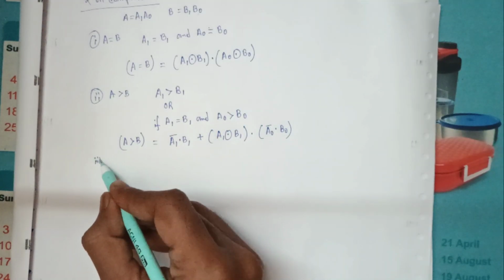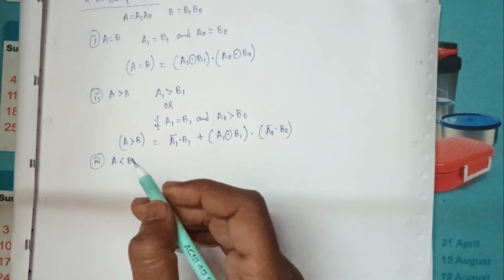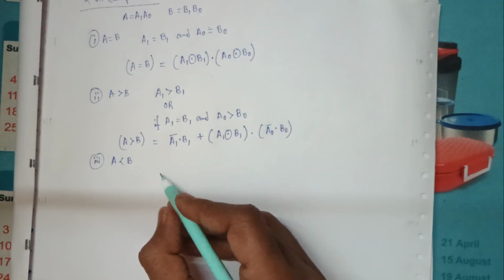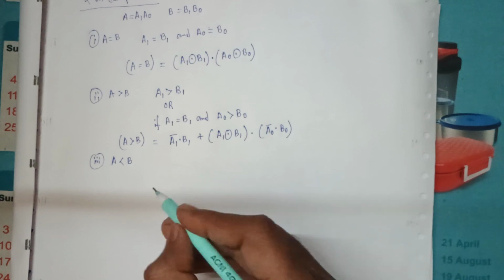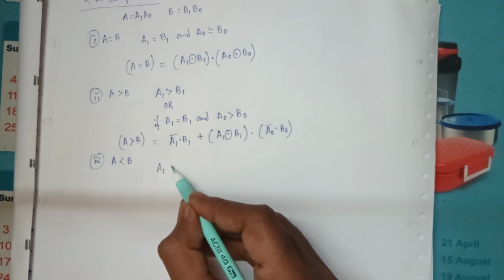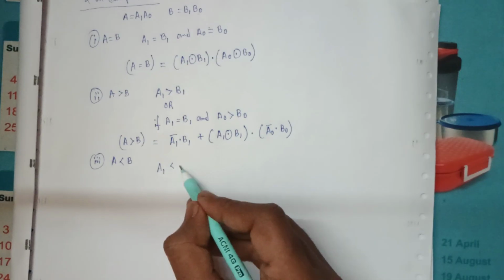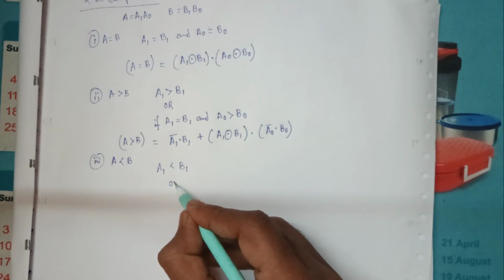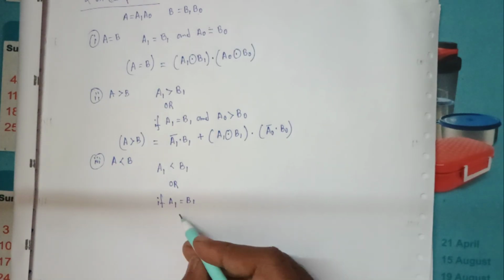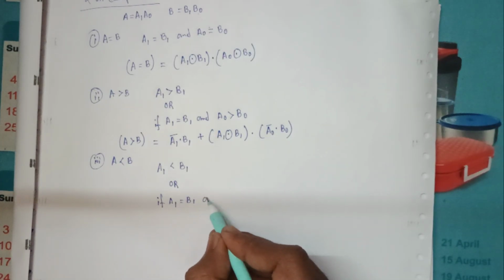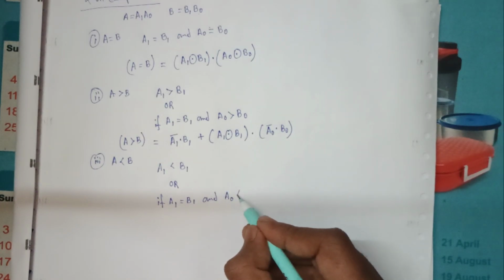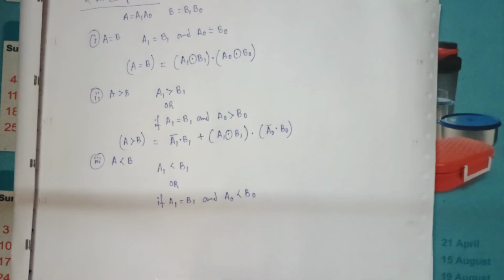And the third condition is A less than B. So for the less than condition, A1 must be less than B1, or if A1 is equal to B1, then A0 must be less than B0.